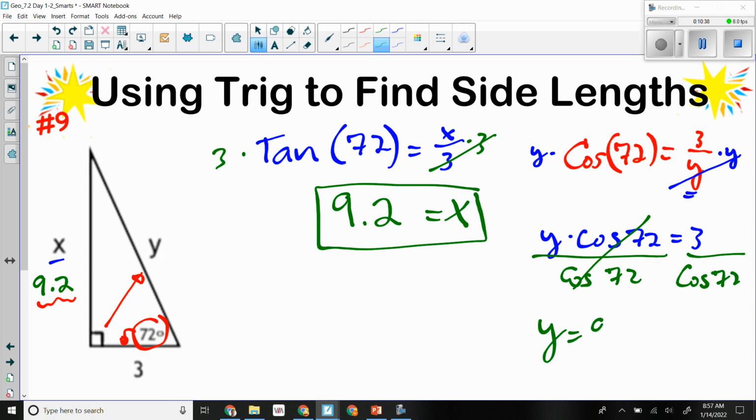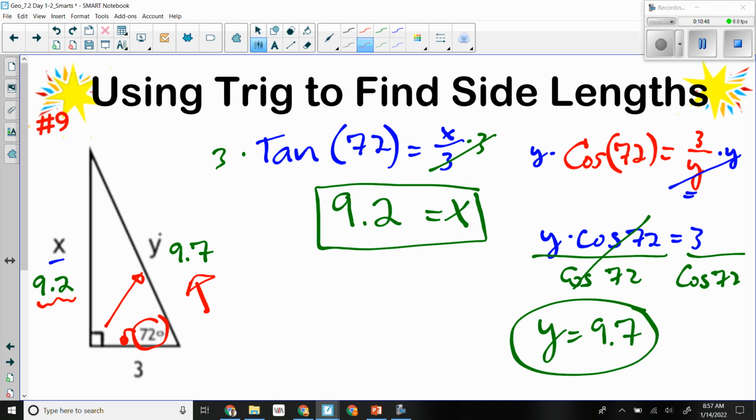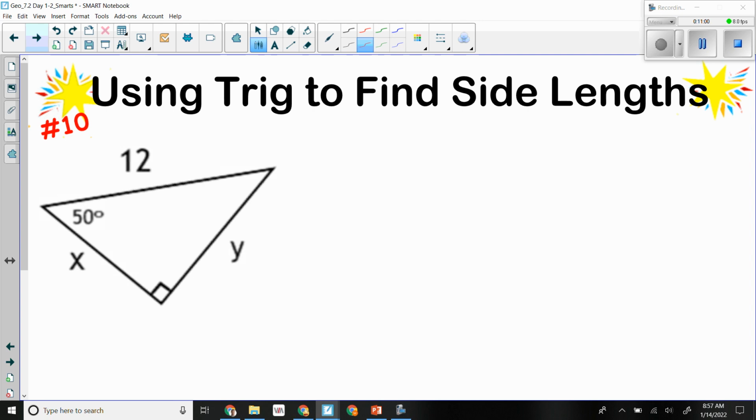So I'm just going to say 9.7. And when I put that in here, 9.7. All right, good. I'm noticing something right away, and that is that my hypotenuse, my angled side, is definitely the longest of the other ones, right? I have a 9.7, 9.2, and 9.3, so the 9.7 hypotenuse is the longest side.